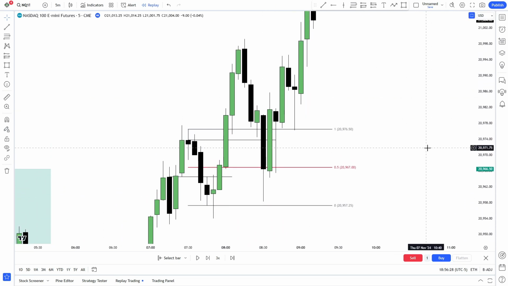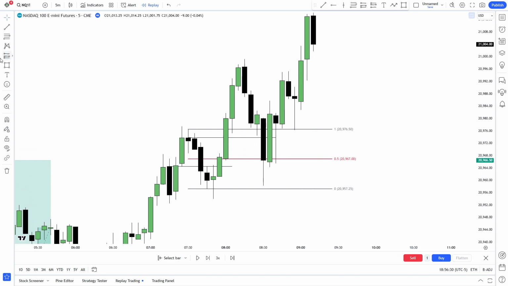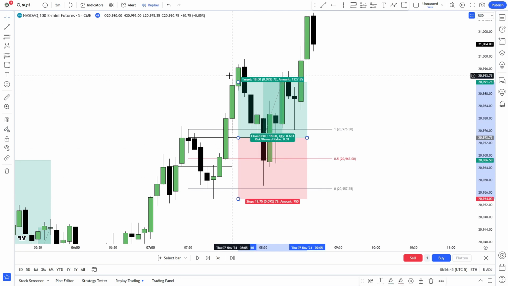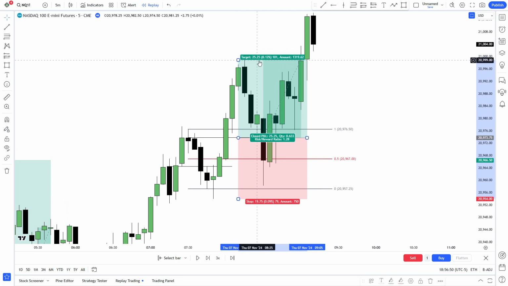Now, another way the mean threshold is useful is that it can help us to increase our risk to reward. Say for example, I entered off of the opening price right here. Where would my stop loss have to be? Well, it would be at the low of the order block or this swing low here. And if I was looking to target this high here, that would be a 1.28 risk to reward.